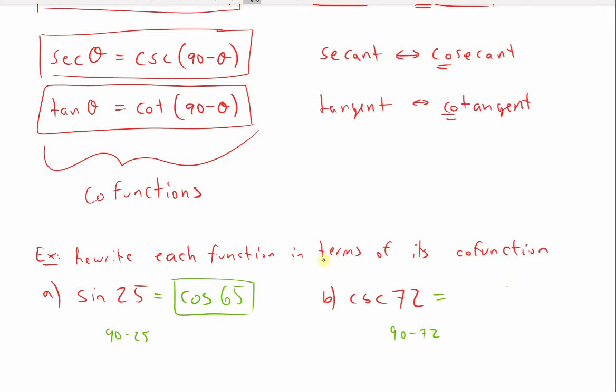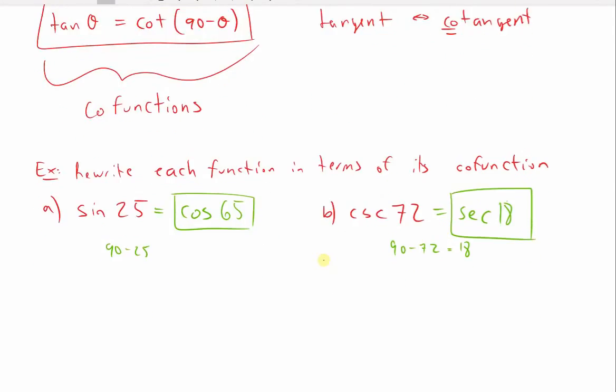The cofunction of cosecant is secant, so we're going to rewrite it as secant of its complement, that angle being 18. So cosecant of 72 is equal to secant of 18, because 72 and 18 are complementary. So you're just adding or subtracting the prefix of co, and then changing the angle to its complement. Hopefully very simple. You'll practice a bunch on your homework.